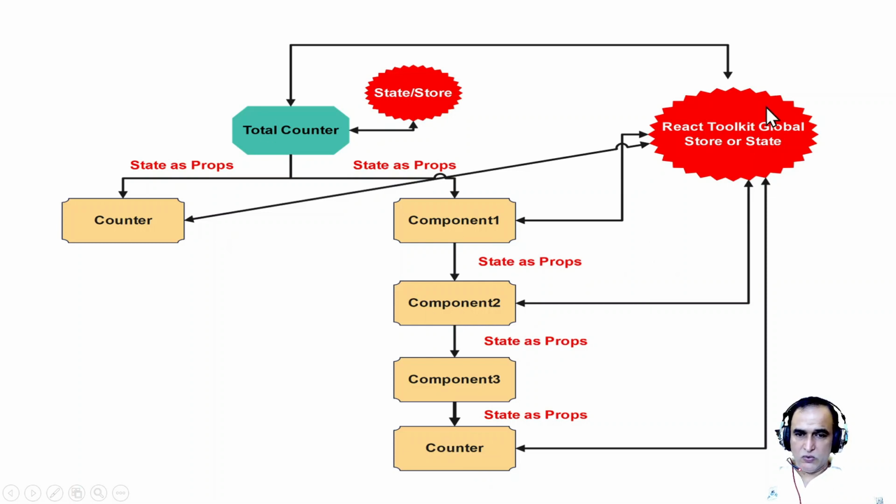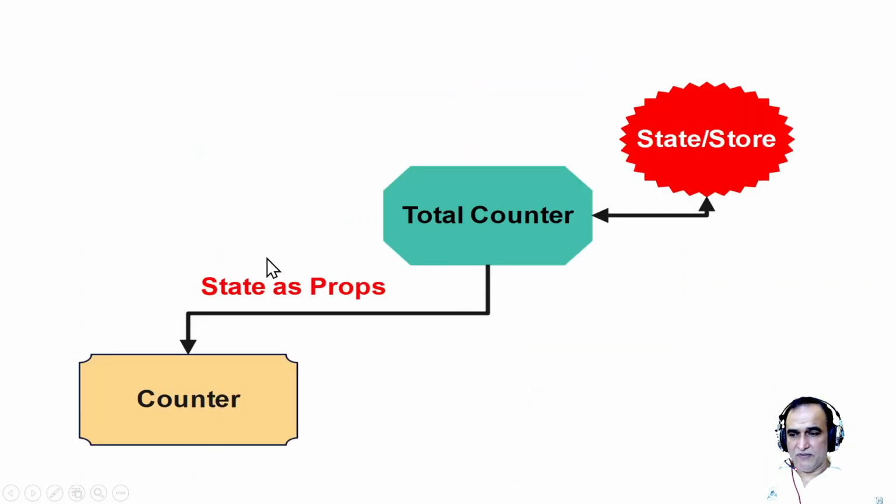That's why we need to create a global state that every component in your application can access directly, and it can make modifications, access these global state variables, and do whatever the application requires. Remember that if we have two components, then it's very simple to maintain.